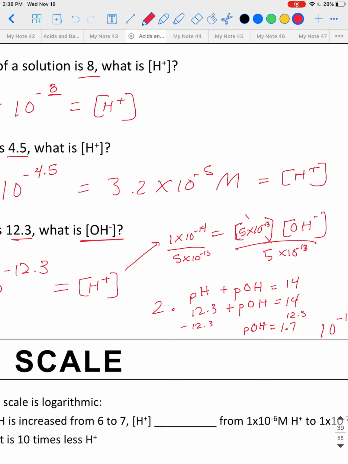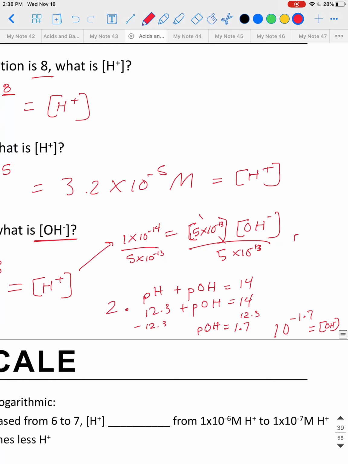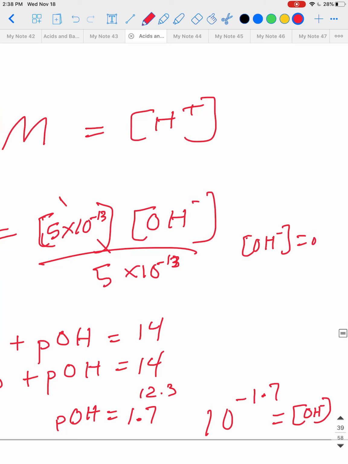So then 10 to the negative 14 divided by 5 times 10 to the negative 13. And I got a concentration of OH minus equals, I'm out of room here, but it should be 0.02, and that's units of molarity.